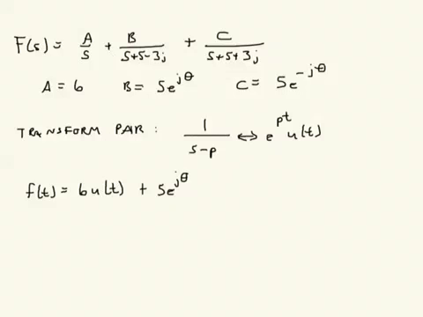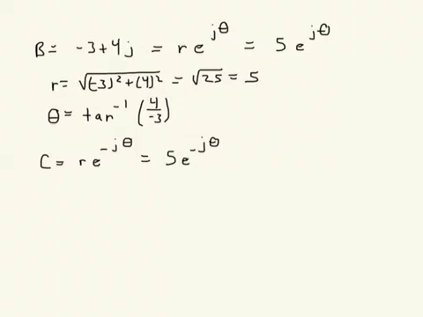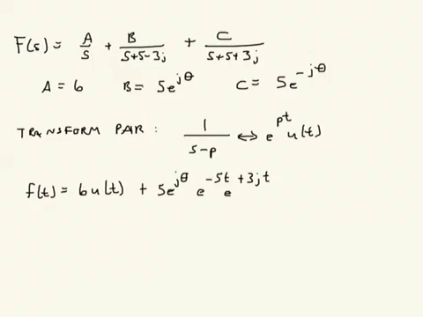P is minus 5 plus 3j, and so I'm left with e to the minus 5t, e to the plus 3j t, u of t. Whoops. Switched pages there for a second. Okay, u of t. And then the third term looks very similar. The third term will be plus 5e to the minus j theta, e to the minus 5t, e to the minus 3j t, u of t.